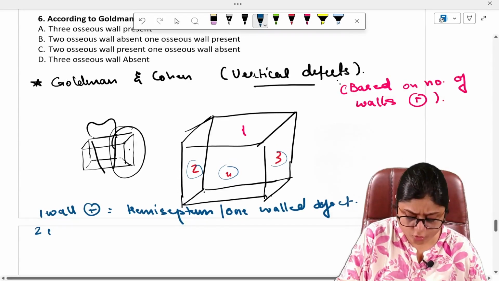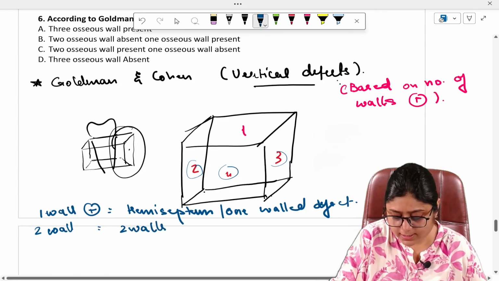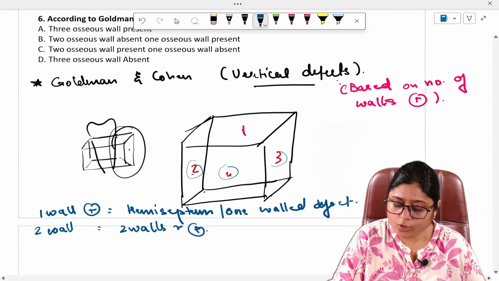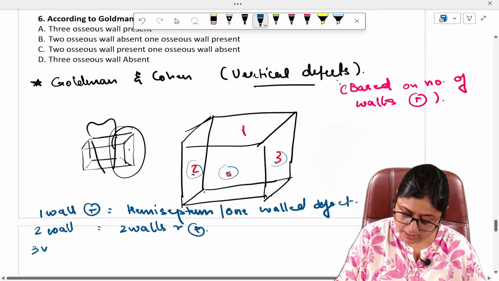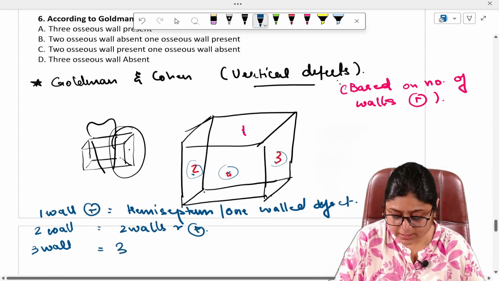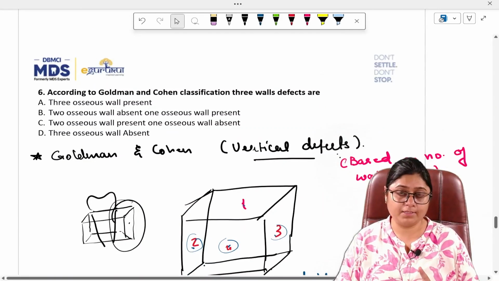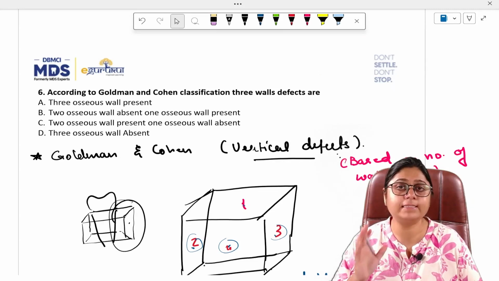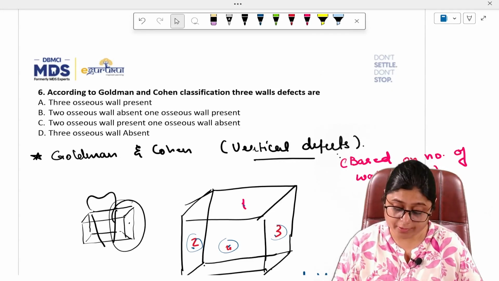Next is two-wall defect. Two-wall defect means two walls are present, means 1 and 2 are present, 3 and 4 are absent. And three-wall defect means 3 walls are present, means only one wall is absent, guys. Deep three-wall defects are the best defects to be treated with periodontal regeneration.